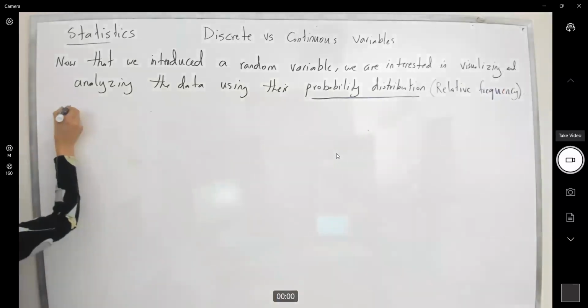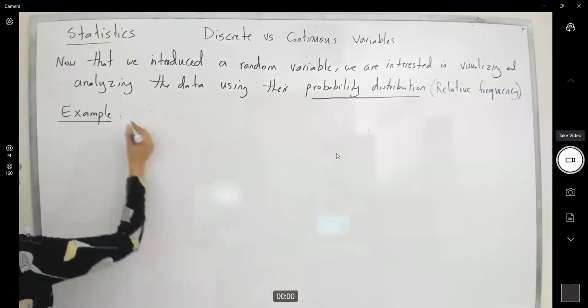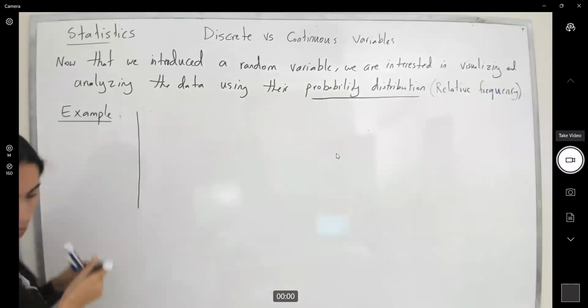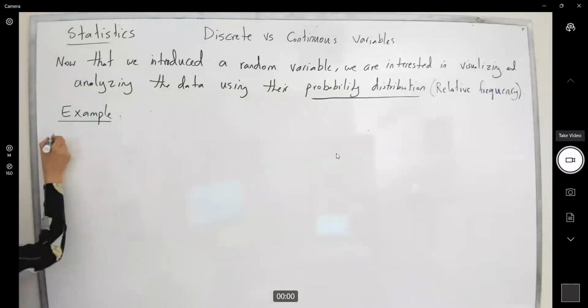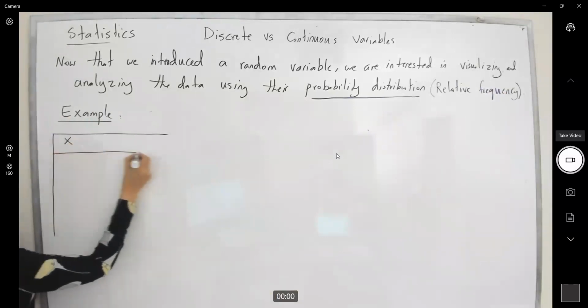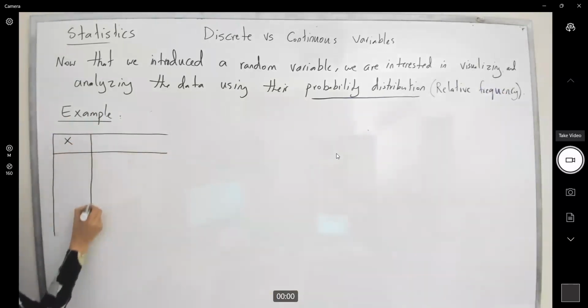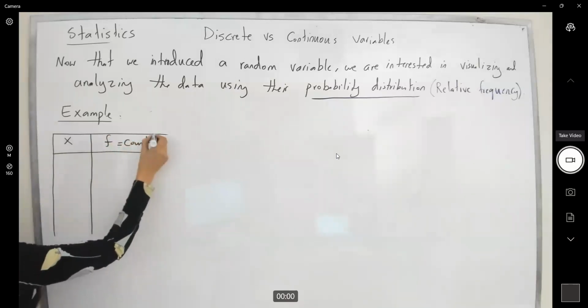In this example, I have my x values, which is my random variable. I have the frequency, f, or the count.